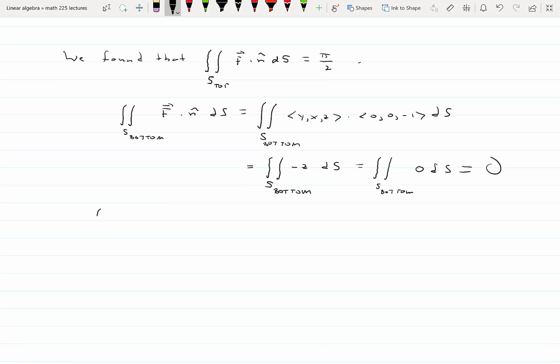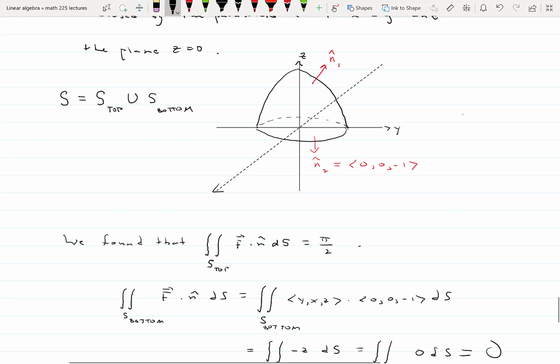So the net result is that the flux of the vector field over the entire surface S is pi over 2 plus 0, which is pi over 2. Now I'd like to cut this work down. I'd like to redo this from the point of view of the inside.